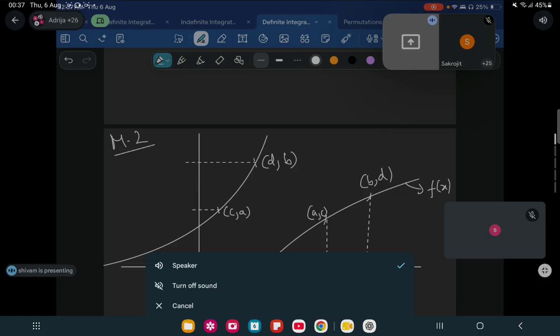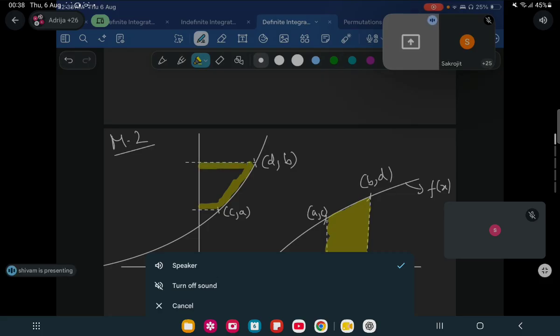Can you people understand that this yellow area is congruent to this area? Are you people able to visualize this?